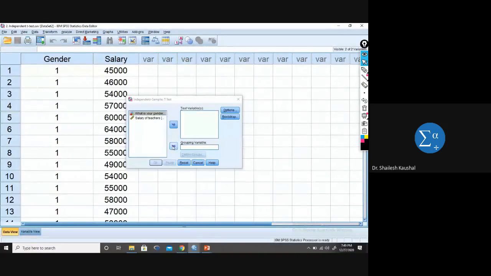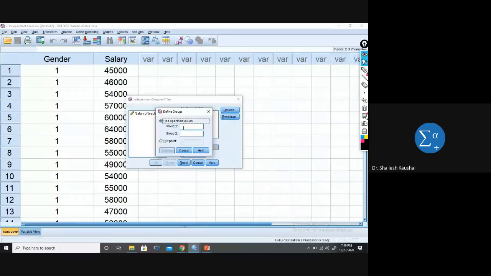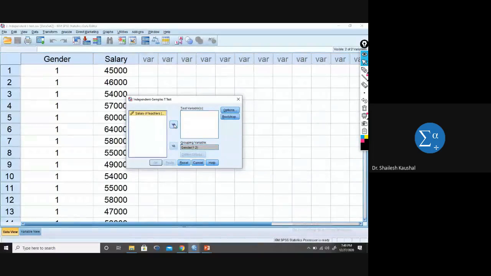I am transferring the gender categorical variable into grouping, and define variable. I am picking define variable, group 1 coded 1 and group 2 coded 2. Okay, you can see, and then continue, and I am transferring the salary of teachers here.